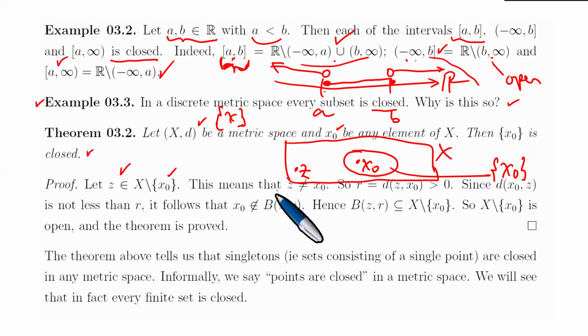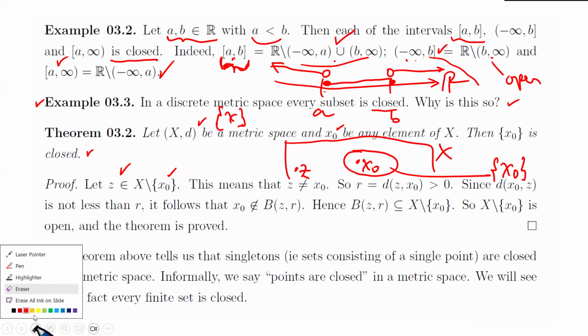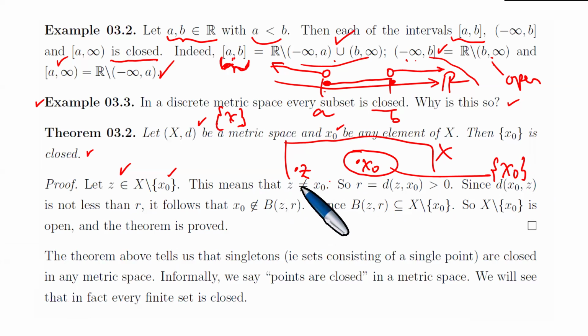Z is in the complement, which would mean that z is different from x0, of course, because it is in the complement. So now if you find the distance between z and x0, this distance is positive, meaning indeed these points are different. They're not the same point because one is in the complement of the other.